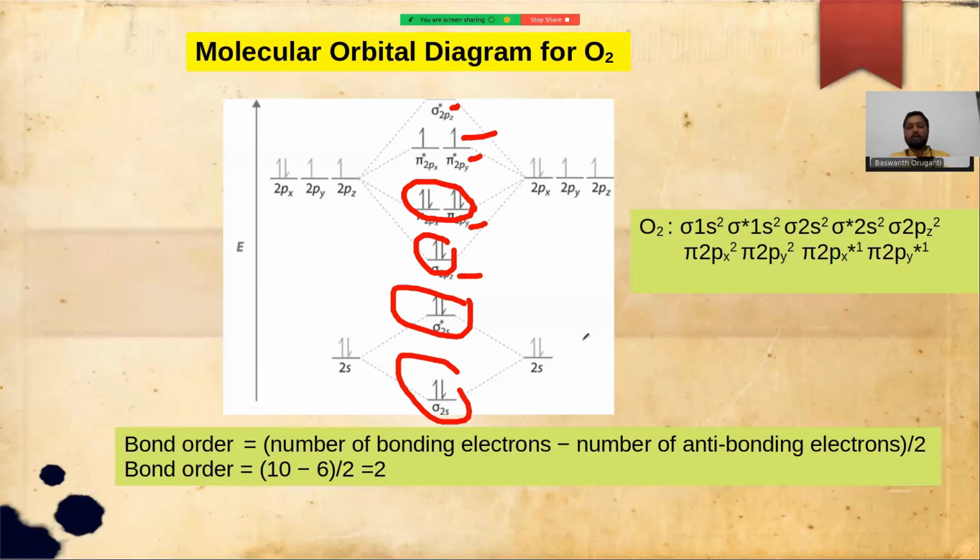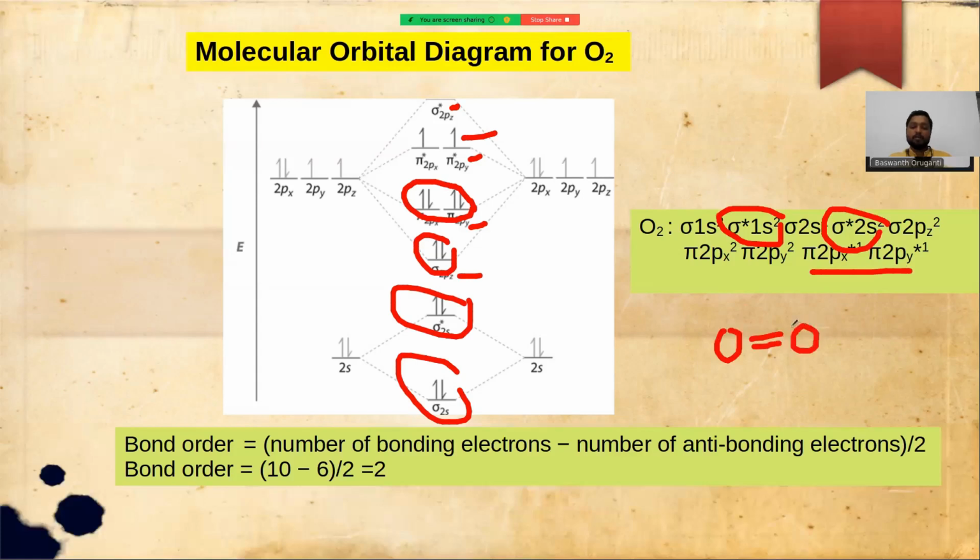So 6 plus 4, 10 bonding electrons are there, and in anti-bonding molecular orbitals, 1 each in pi star 2px and pi star 2py, 2, and we have sigma star 1s and sigma star 2s, 2 each, 4 more. So we have a total of 6 electrons. 10 minus 6 by 2. So here the bond order is 2. So we have a double bond in the oxygen molecule.